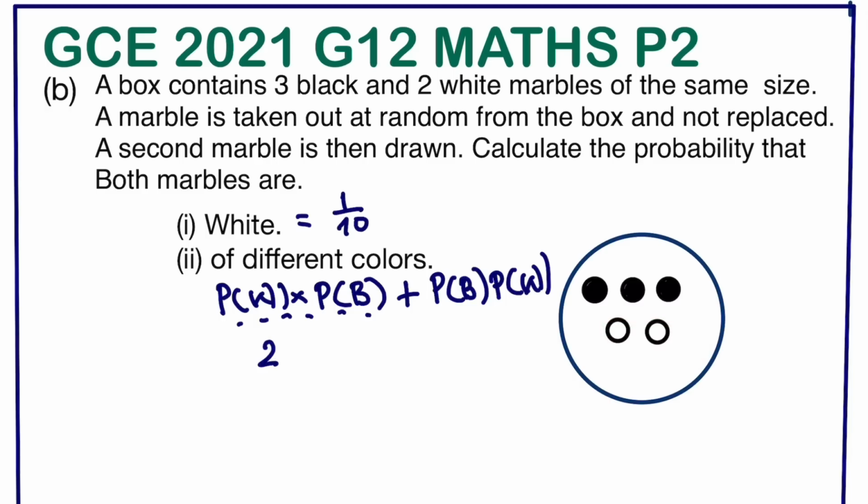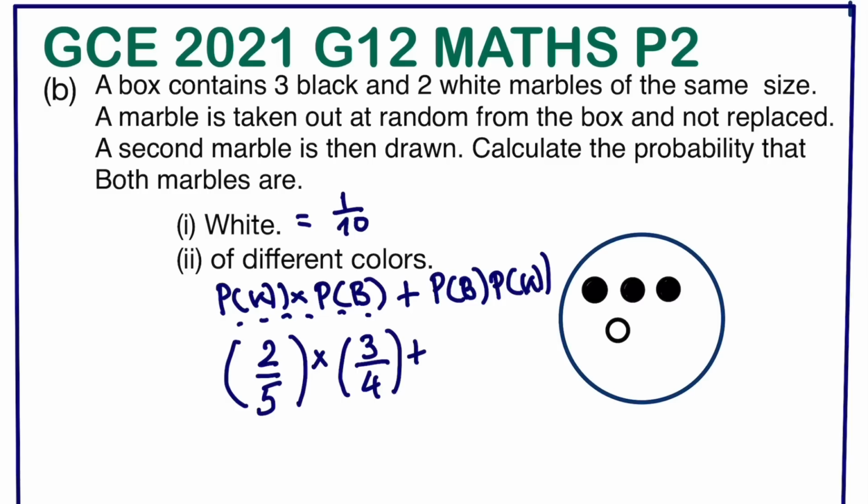We have 2 over 5 times, now if one white is taken out, we'll be left with 4 marbles. So the probability of having a black here is going to be equal to 3 over 4.